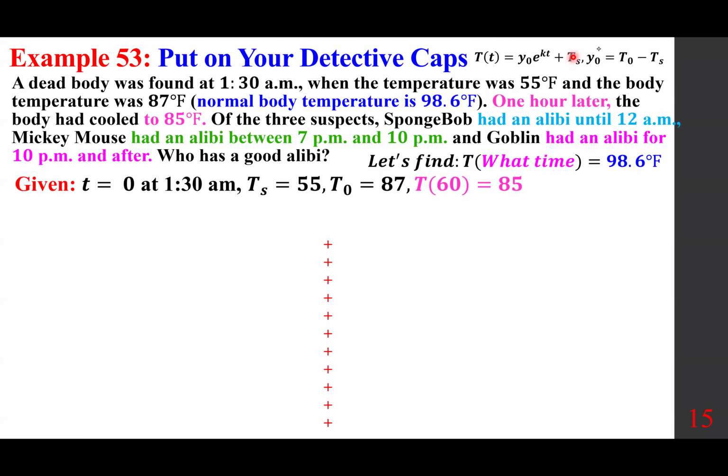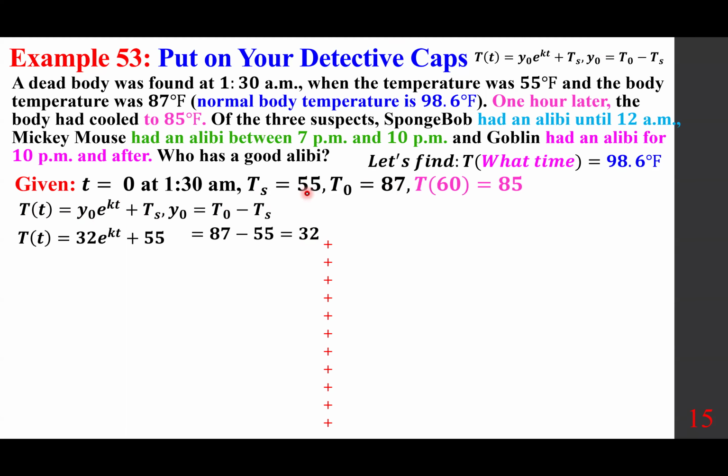Well, we are going to use Newton's law of cooling, and T sub 0 is 87 minus T sub S is 55, so we get 32. Therefore, we write T of t is 32 e to the power of kt, plus T sub S, which is 55. So we write the equation.